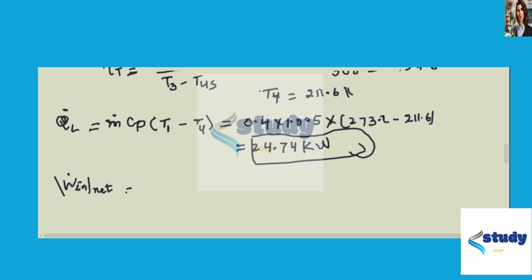It is to be equal to power input to compressor, which is defined as mass flow rate, specific heat into change in temperature from second to first state, that is T2 minus T1, minus power output of turbine, mass flow rate into specific heat into change in temperature from third to fourth state, that is T3 minus T4.